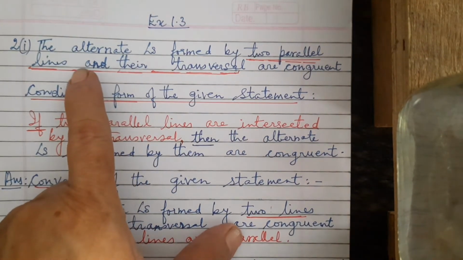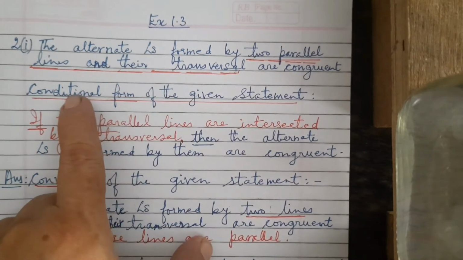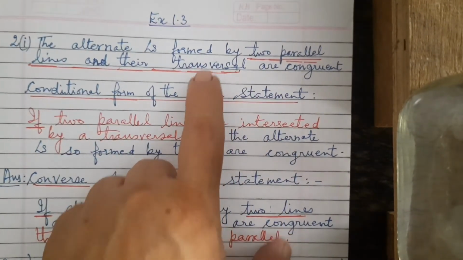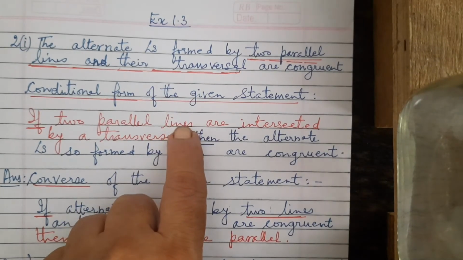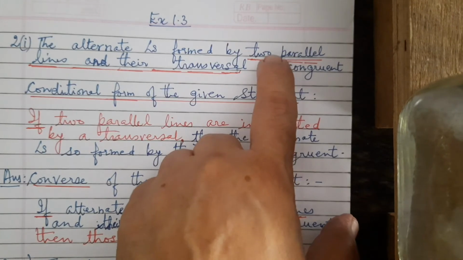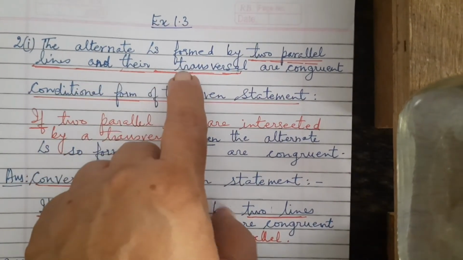The given statement says the alternate angles formed by two parallel lines and their transversal are congruent. Now if I write this in the if-then form, what will come in the if part? What is given in the center is given, we are talking about two parallel lines and their transversal.